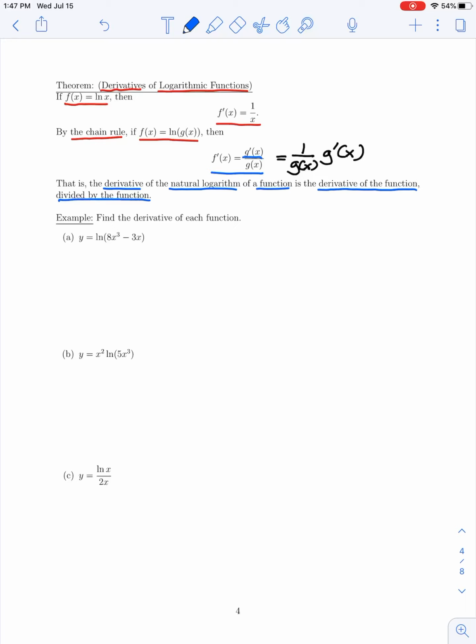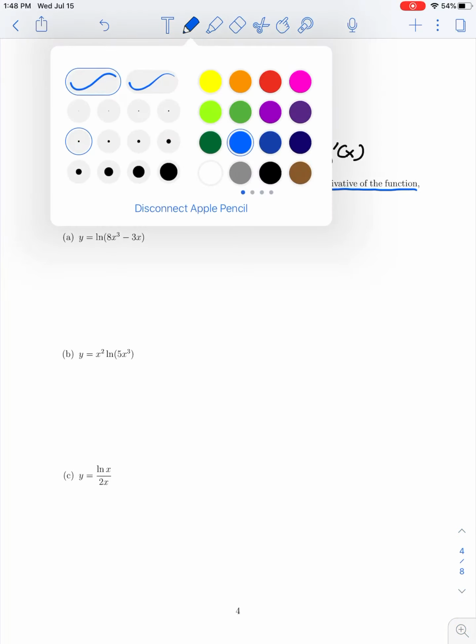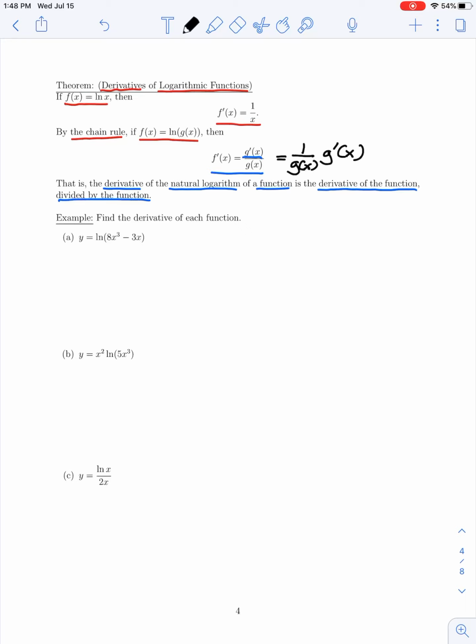So let's look at some examples making use of the derivative of this logarithmic function. In part A, we have y equals the natural log of 8x cubed minus 3x. That is the natural log of a function. So if we use our new rule for differentiating logarithmic functions, we would have a derivative given by the derivative of the inner function.